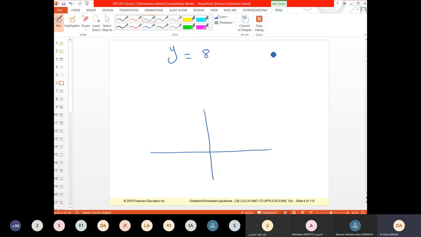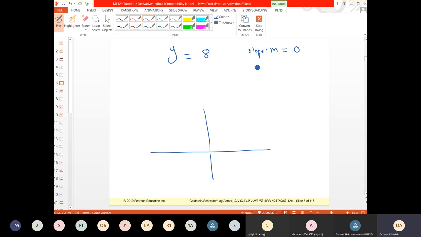Where is the slope? What is m? What is the slope? It is 0, exactly, Sadeem. If we cut from above it will be positive, from below it will be negative. The slope is 0 because I cannot see the x part, which means the slope is 0.